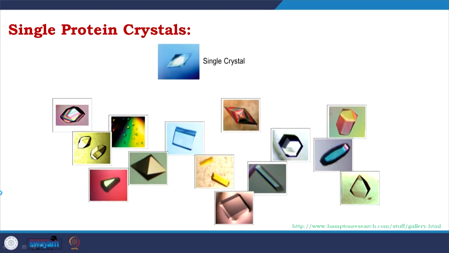At the end, you will be happy when you see the single crystal. That is always the dream of a crystallographer, to find a single protein crystal and go further. Whenever we look under the microscope and see a single crystal, we say, Eureka, we got it.